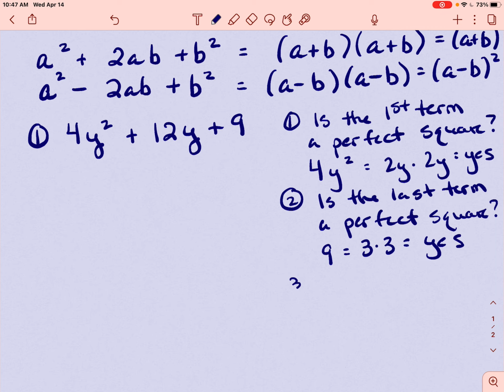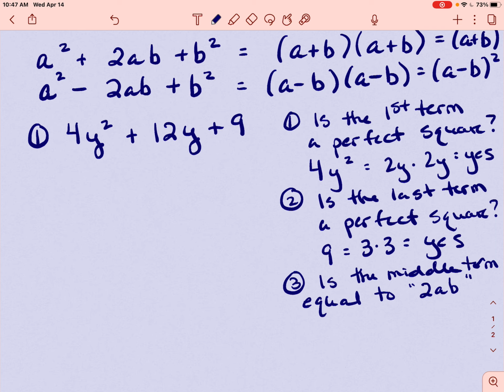And the third question, is the middle term equal to what we would call 2ab? So in other words, we're going to need the square roots of those, times 2.